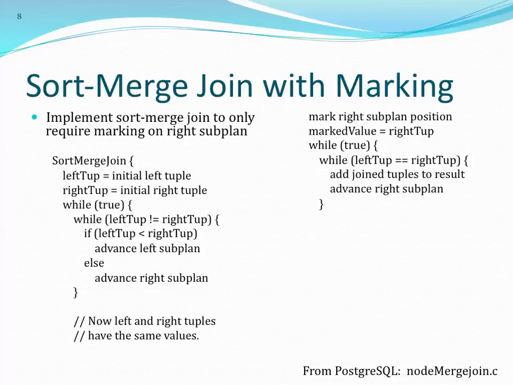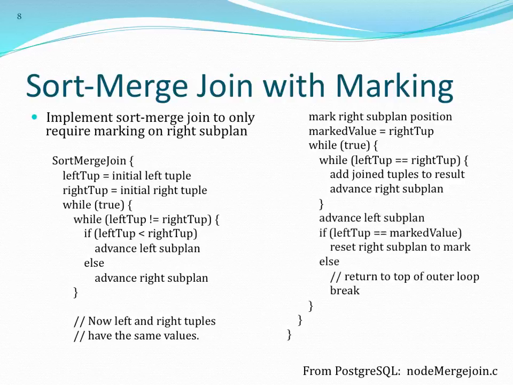Suddenly they don't match anymore, and I need to go back to the marked point and advance the left tuple. So it says here, advance the left subplan. If the left tuple is still the same as the mark value, then I can reset back to that mark and join that run of tuples on the right side with the next row from the left subplan that matches.